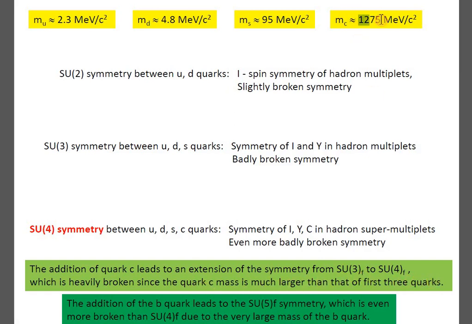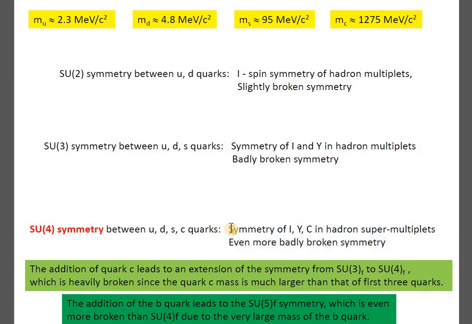You see the value 1275 MeV per c square. You see it's much higher. Even if you add the 3, its value is much higher. And so it's even more badly broken symmetry, this SU4 symmetry between the UDSC quarks.